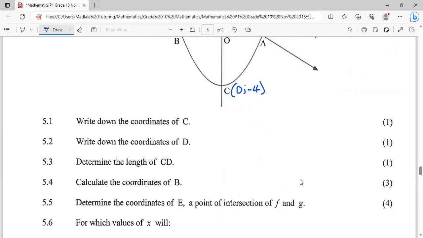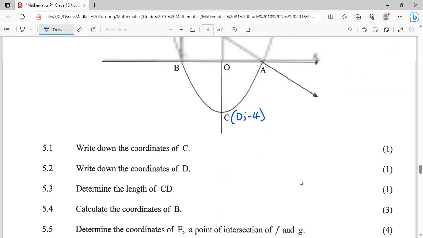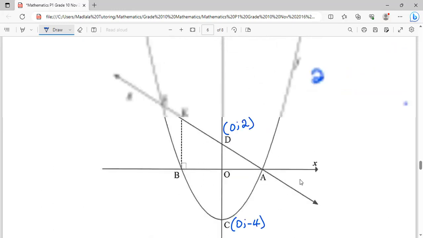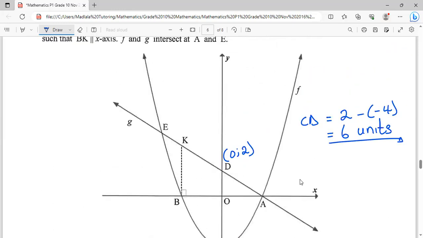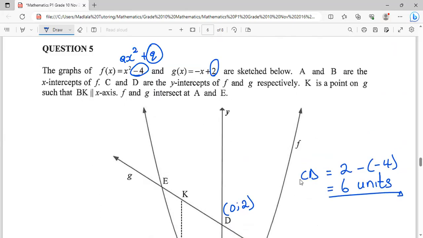So if we look at 5.4, it says calculate the coordinates of B like that. So what is B? B, we understand, is going to be one of the x-intercepts of the parabolic function. So it means we have to use the parabola in order to find the coordinates of B. So that's the equation of the parabola.